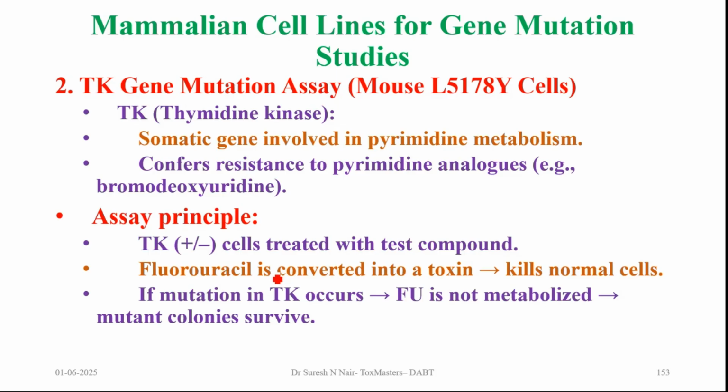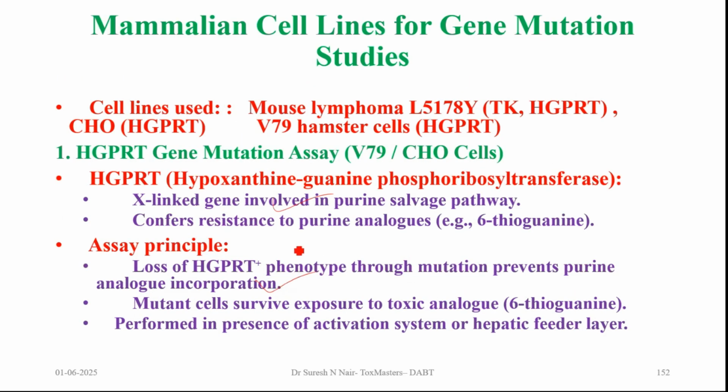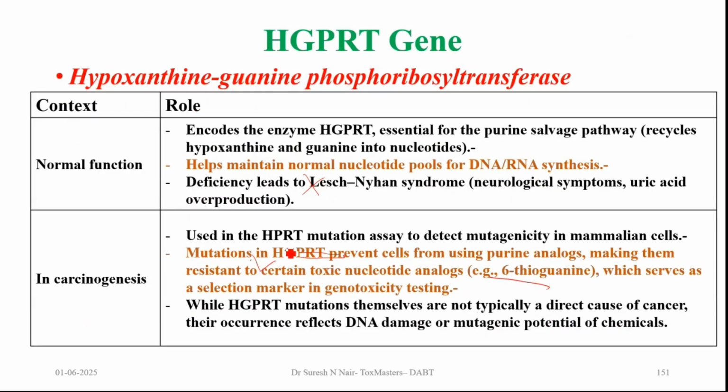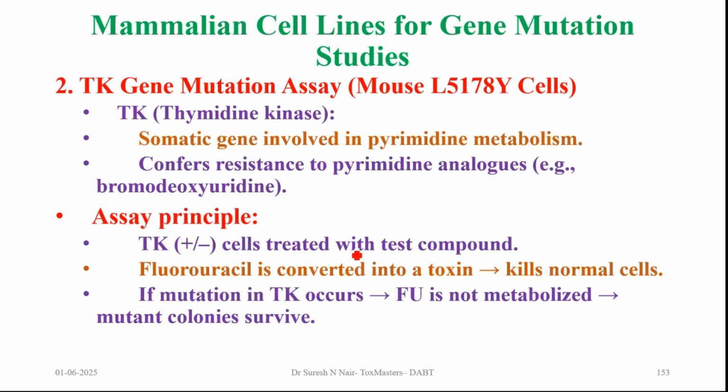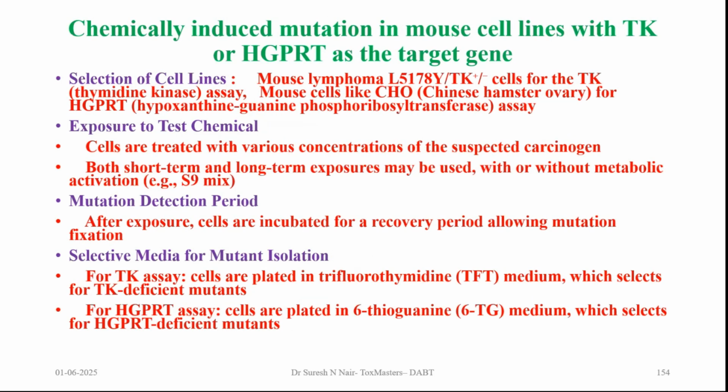In case of the previous one, it was thioguanine. Here it is fluorouracil. So if the TK mutation occurs, the fluorouracil will not be metabolized, and only the mutant colonies are capable of surviving. So this is the principle of the test.